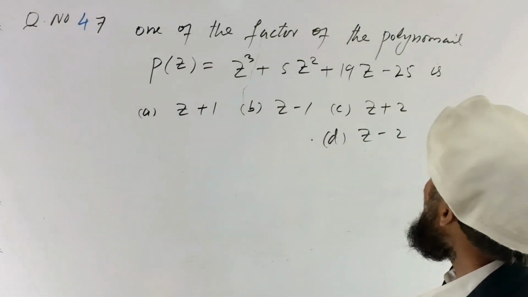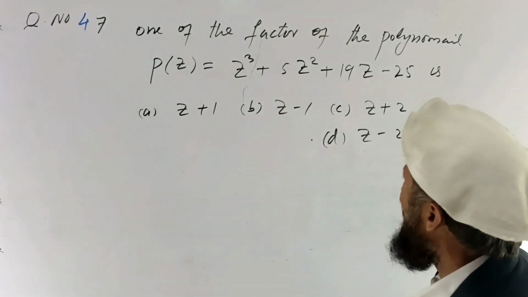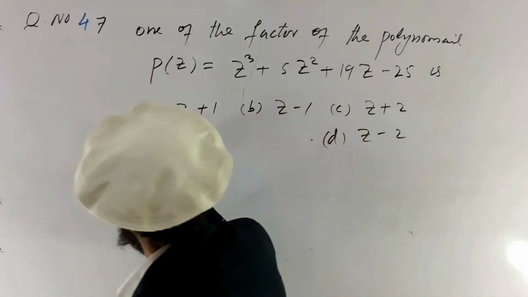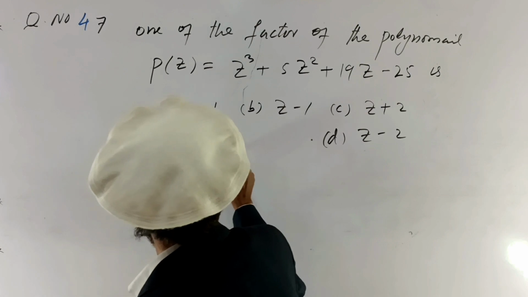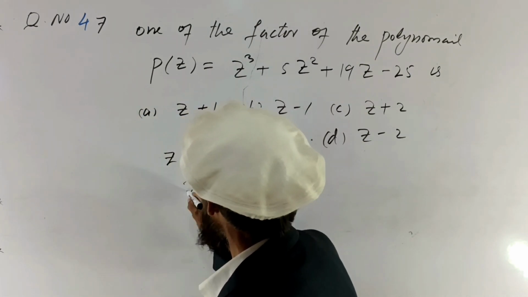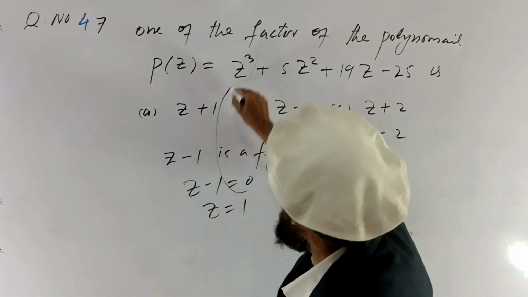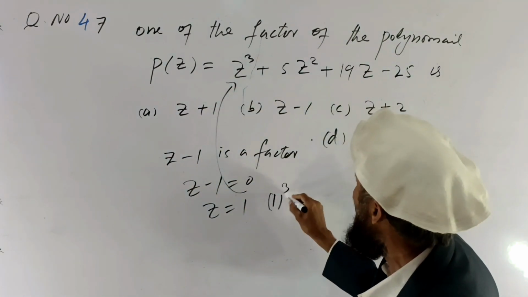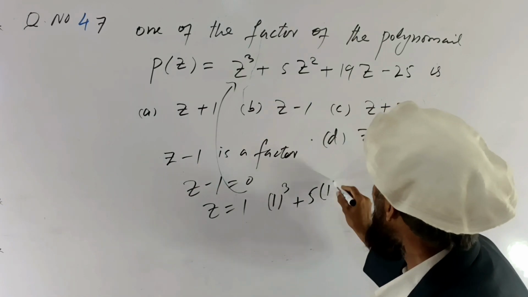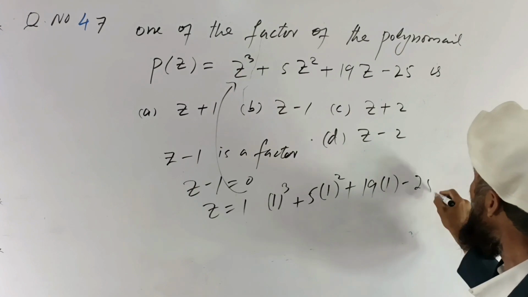Look here, if we check the result, z minus 1 will be a factor. If z minus 1 is a factor, we directly put z minus 1 is equal to 0, z is equal to 1. If we put z is equal to 1 in the polynomial, the result will be 0. 1 cube plus 5 into 1 square plus 19 into 1 minus 25.